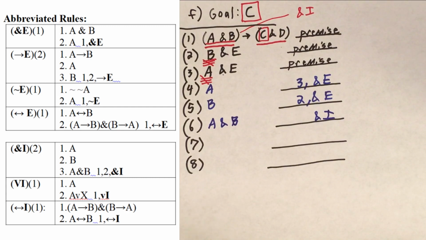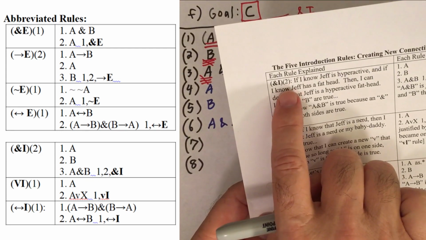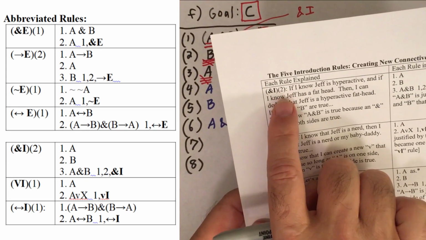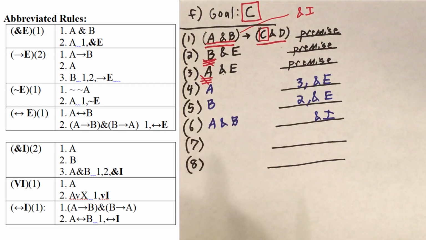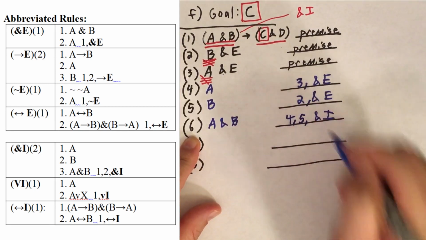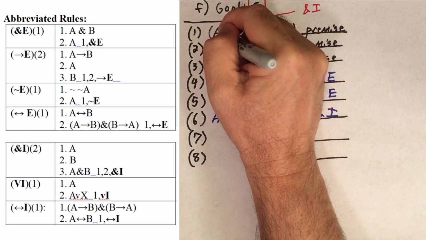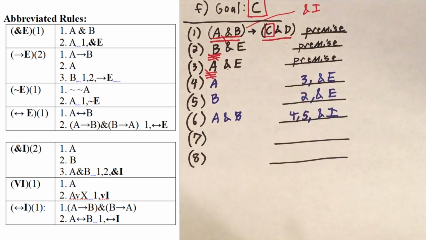If I am being really careful, I get out my rule sheet to make sure I did it correctly. If I look at my and introduction rule, I need 2 lines of justification where I found my 2 sentences to put together. Lines 4, 5, and introduction. That line is now justified. What does that mean? That means I got my sub goal out of the way.